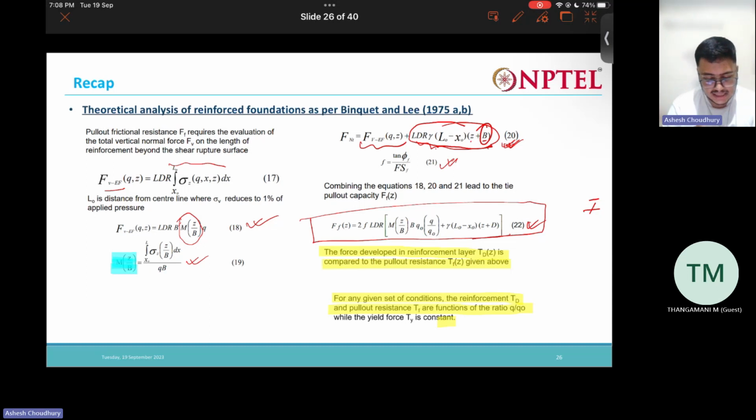There they have written Z plus D. So D should be the depth of the foundation, I think. See here, it's written Z plus D. Anyways, this is the final equation.